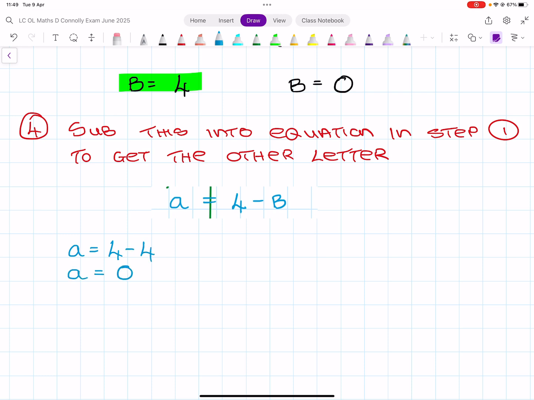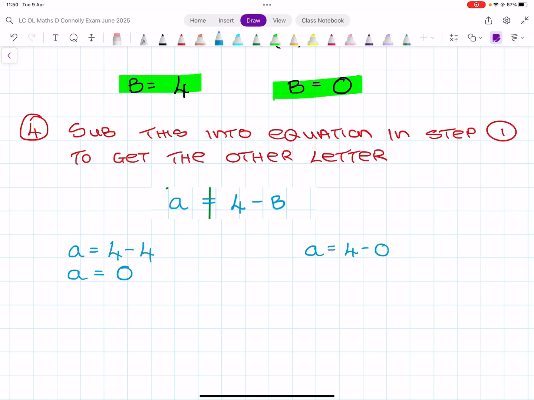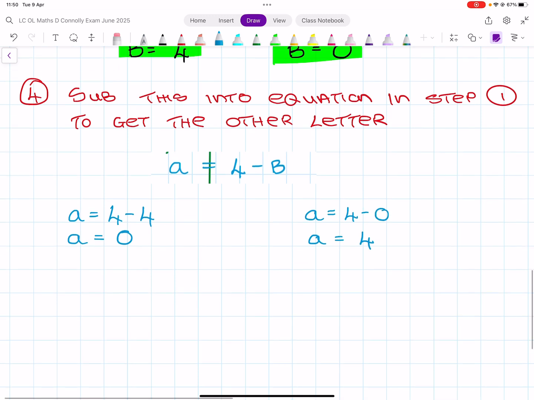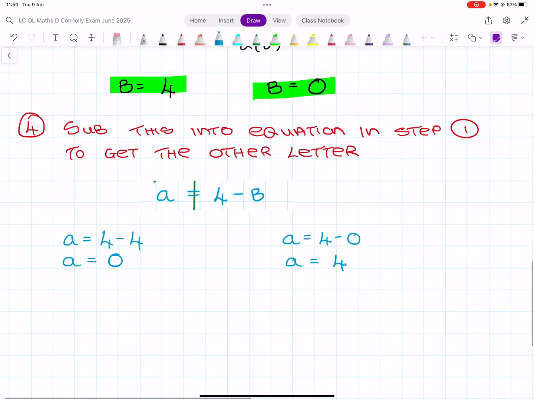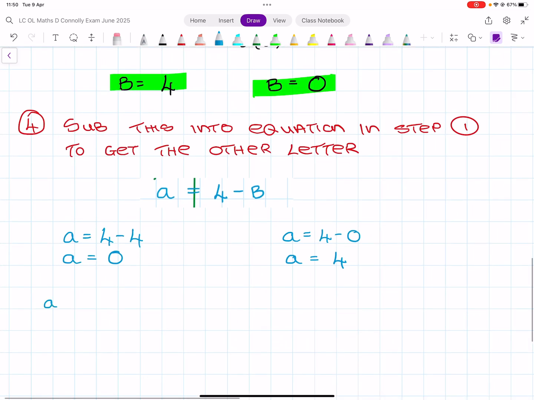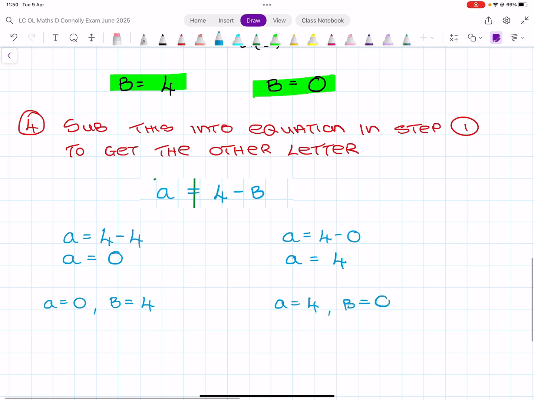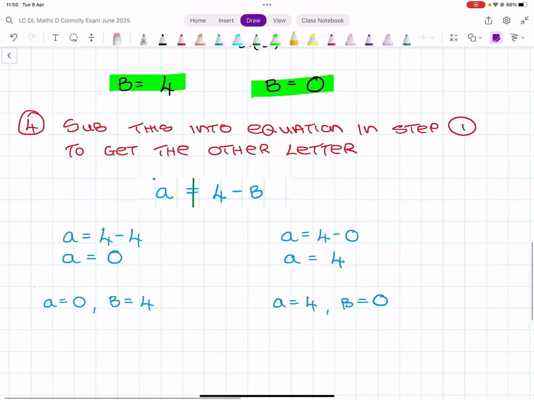And then we're going to do it again using this for b. So that is 4 minus 0, a is 4. And it's nice to put them together. So a is 0, b is 4 is what I got from the left-hand side. And a is 4, b is 0 is what I got from the right-hand side.